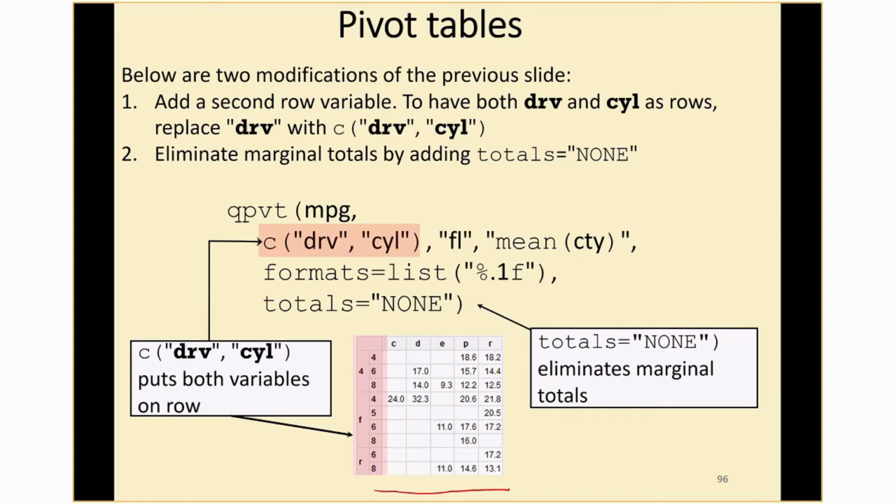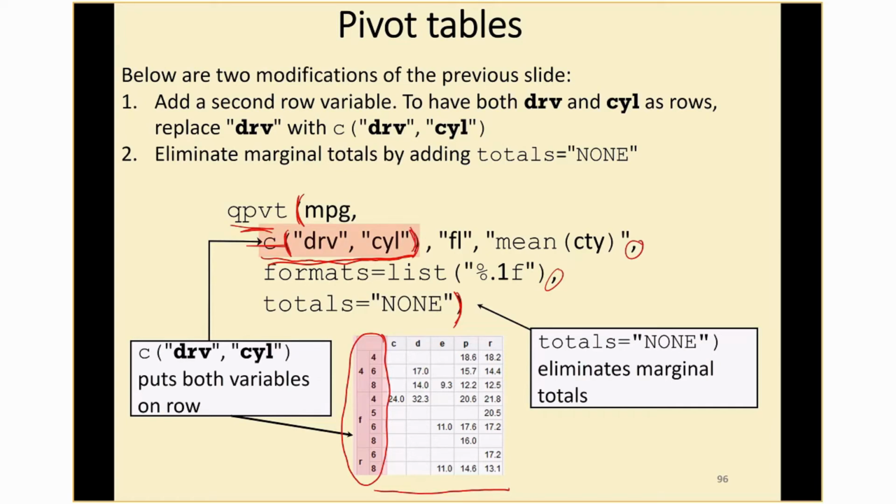is we're going to use our qpivot function, and there's its open and close parenthesis occurring on a bunch of lines separated by commas. I want on the rows both drive and cylinder. So my initial argument is a vector with a C that includes both drive and cylinder inside the parenthesis.